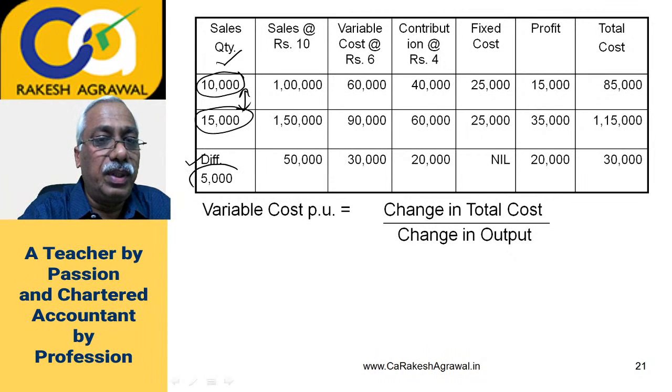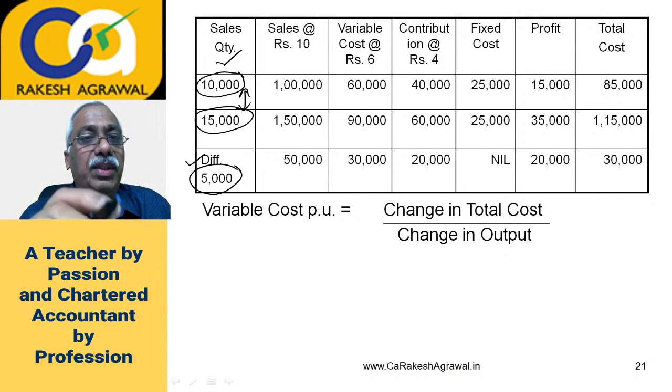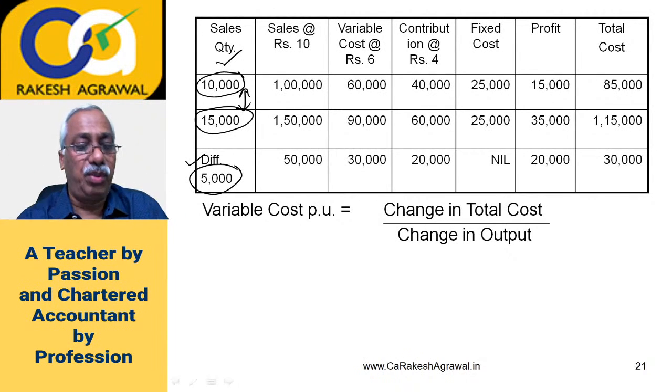Difference is 5,000 units. I have chosen two rows at two levels of activities. So the first row is applicable for 10,000 units, the second row is applicable for 15,000 units, and the last row is the difference between the first row and second row.